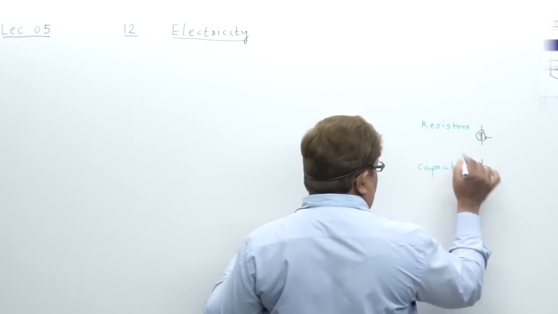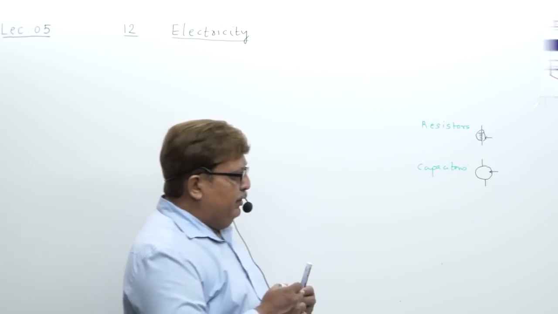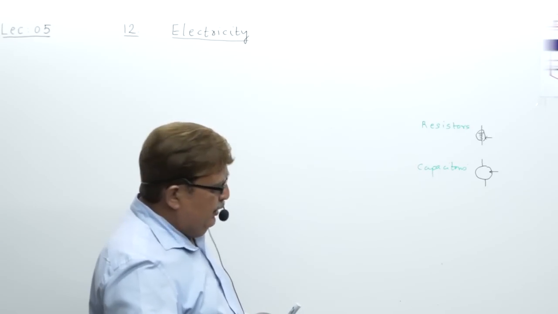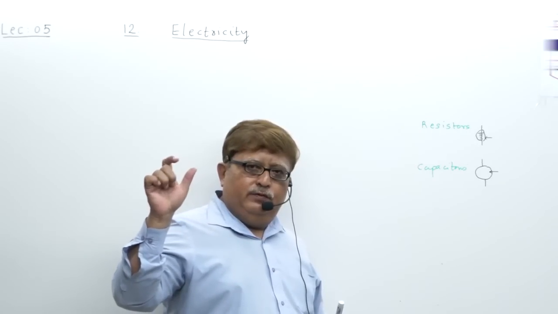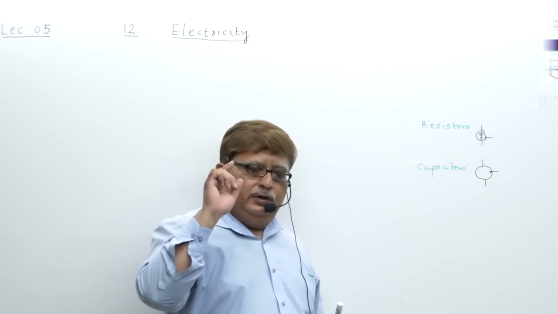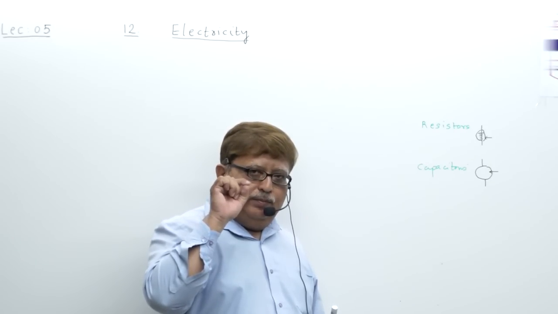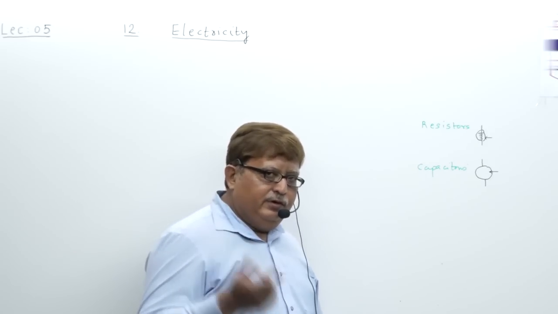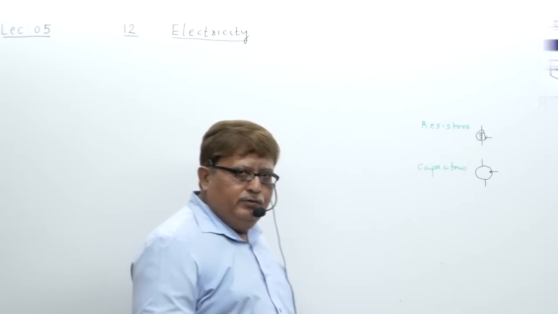No doubt, capacitors are available in different shapes. Often at your home, if the regulator is on 5 and the fan is not working properly, at that time you just have to replace the capacitor. Capacitors are available in different shapes, in cylindrical shape also.